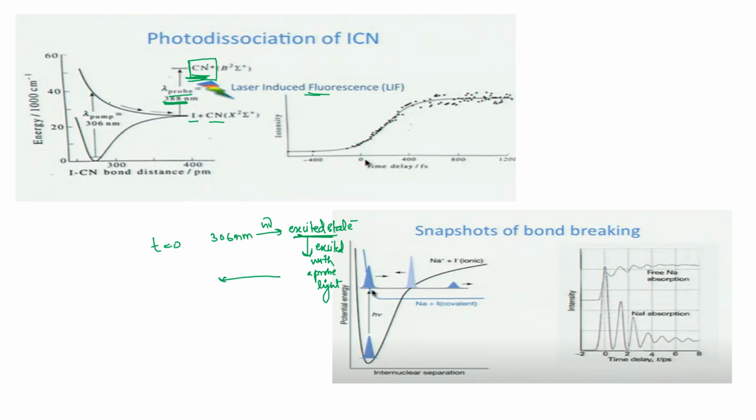Why? Because most of the CN star which reaches the excited state has now started giving out fluorescence, and therefore the intensity with respect to time will reach a maximum value, and further it will become constant.